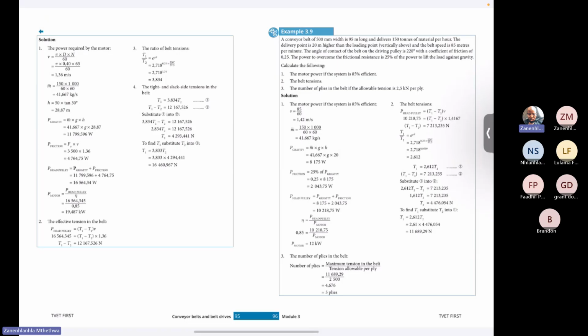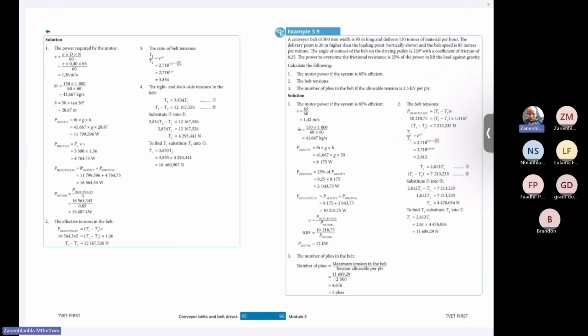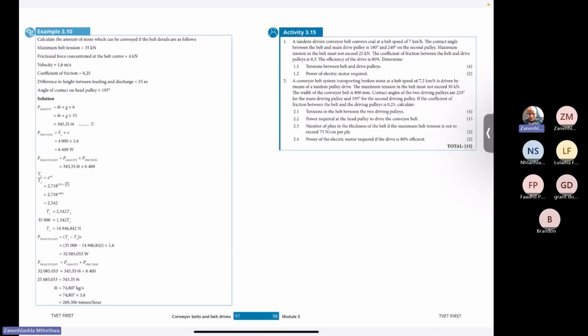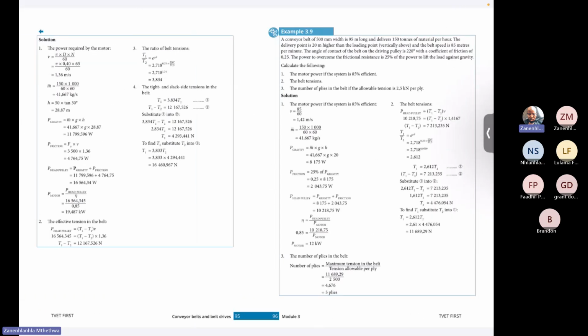Number of plies. Okay, we can use this example.